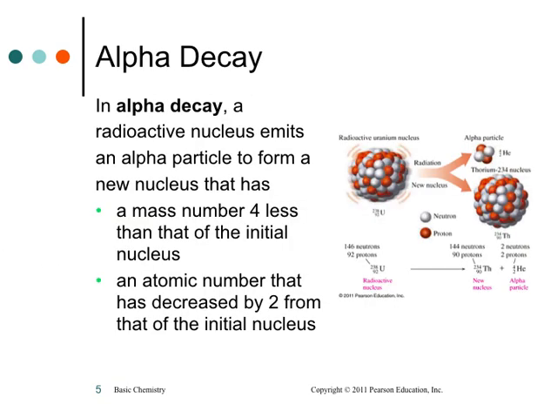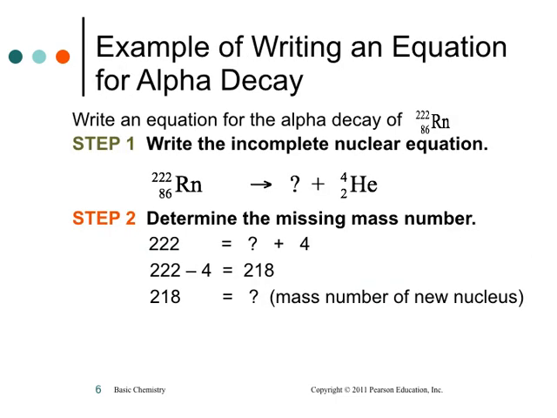So in alpha decay, you remember an alpha is a helium nucleus, so it's 2 protons and 4 in its mass number, which is protons plus neutrons. So you have to subtract both of these from whatever you start with to know what you have. So here's an example. Radon has 86 protons, and 222 is its mass number, so that's protons plus neutrons.